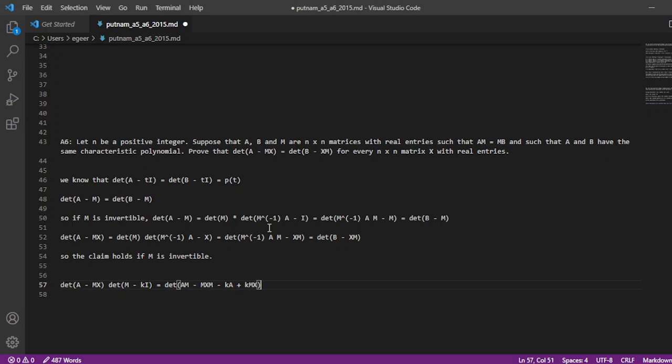It would be this. And if you do it with B minus XM, and now I'm going to multiply it from this side, basically. I mean, it doesn't change anything. And now I'm going to end up with MB minus MXM. This part is going to be the same. And then I'm going to end up with KB plus KXM.